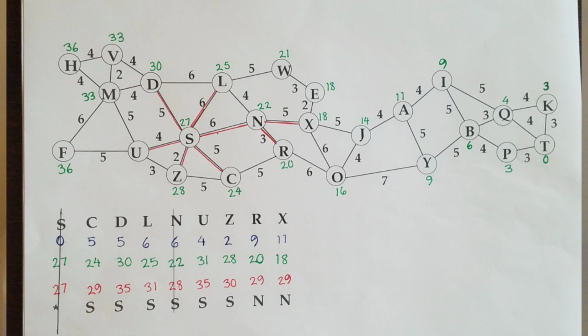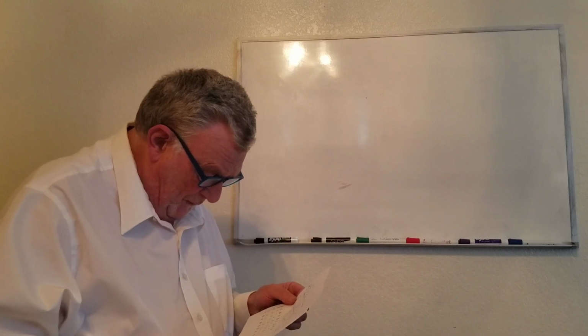And then we inserted all of the out neighbors of 28, except for the ones that we already have. So we inserted R and X. And on their rows, we give the true cost from S to R or from S to X, together with the heuristics of those two, together with the estimate, which turns out to both be 29.